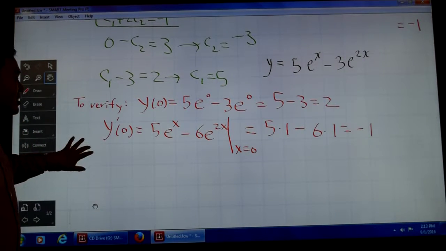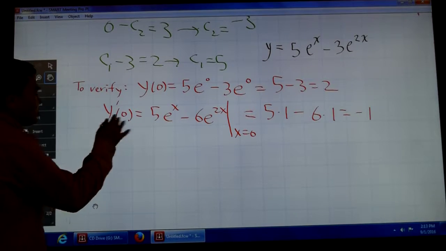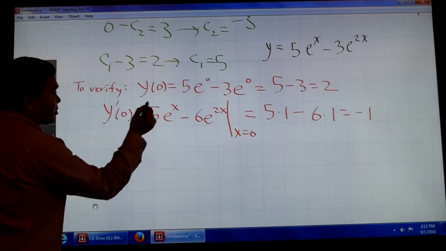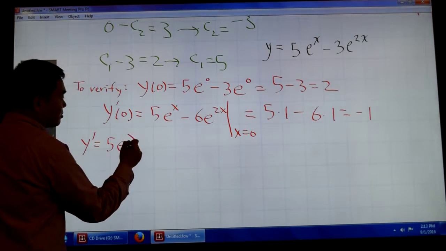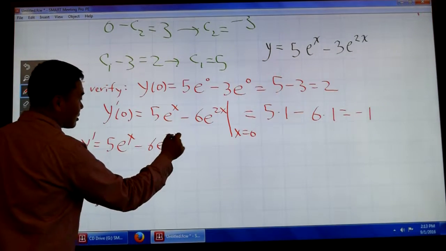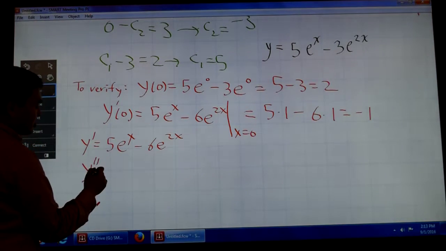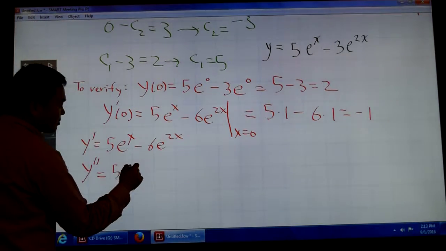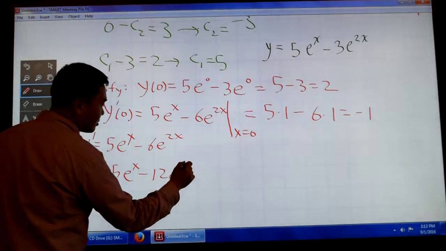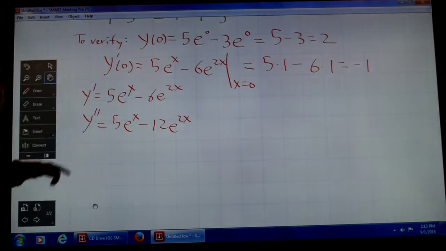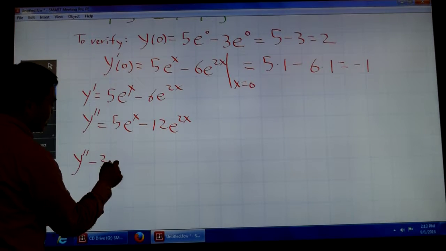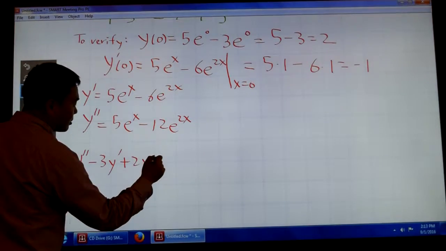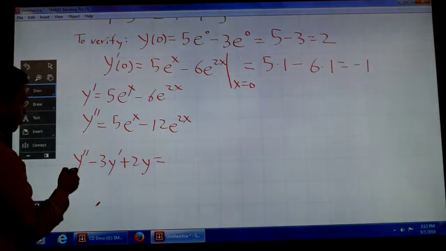Okay, so this is what you get, and then you can also take the first derivative, which is 5e to the x minus 6e to the 2x, and then the second derivative, which is 5e to the x minus 12e to the 2x, and then just replace y double prime minus 3y prime plus 2y by these things that we have. So what's y double prime?